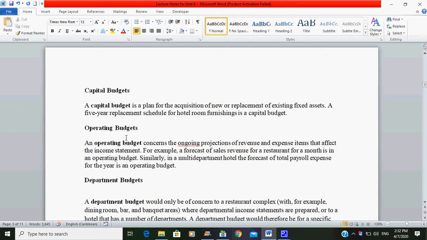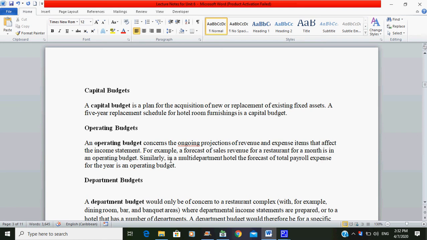And look at operating budgets now. An operating budget concerns the ongoing projections of revenue and expense items that affect the income statement. For example, a forecast of sales revenue for a restaurant for a month is in an operating budget.